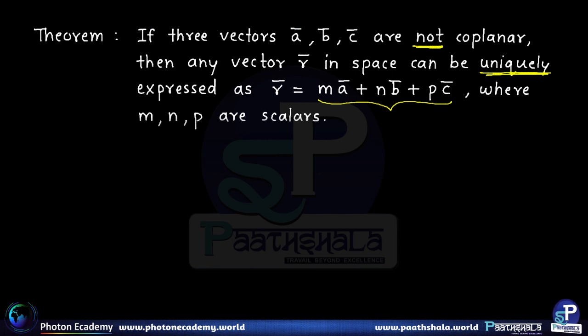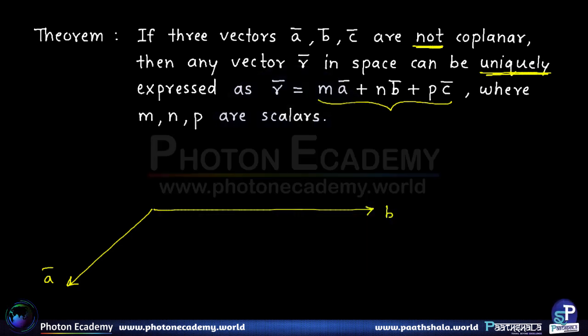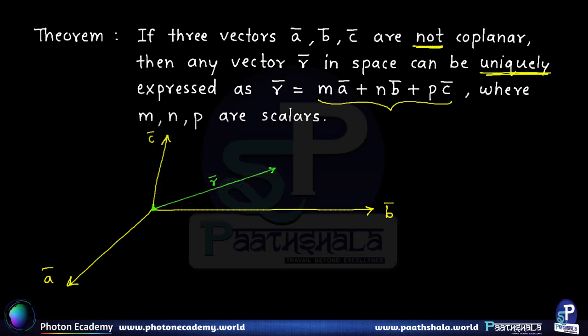So once again we follow the similar approach, that is let us show a bar, b bar and c bar in some general orientation. Okay. And let us consider that r bar is some vector in space. Okay, of course we can make them all originate from the same common point which we call as origin, right?